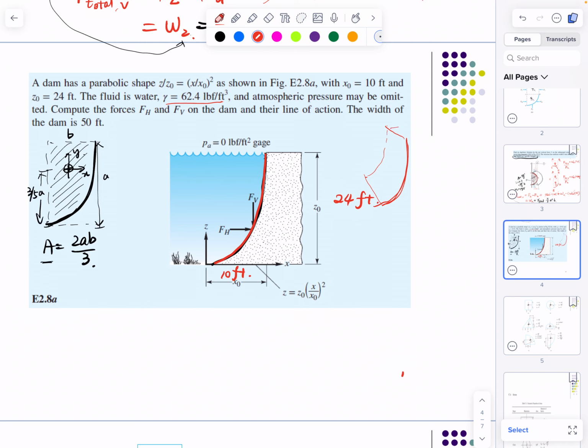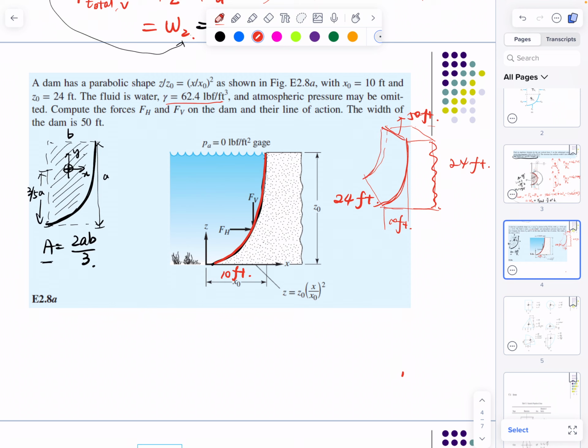So this part as shown is 10 feet, and z0 is 24 feet, and the width into the water, or out of the paper, is 50 feet. That's it.